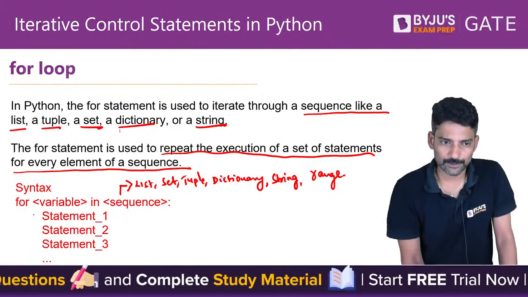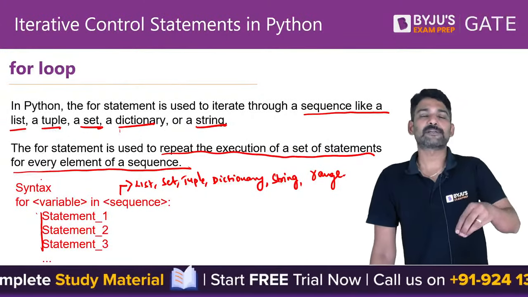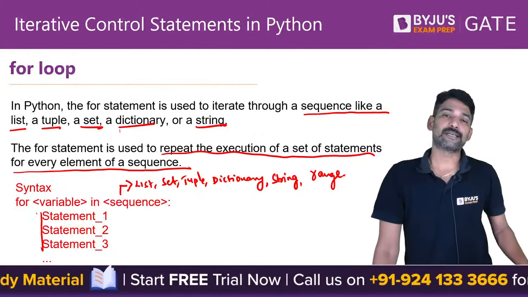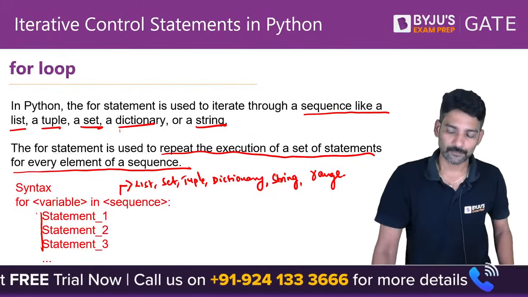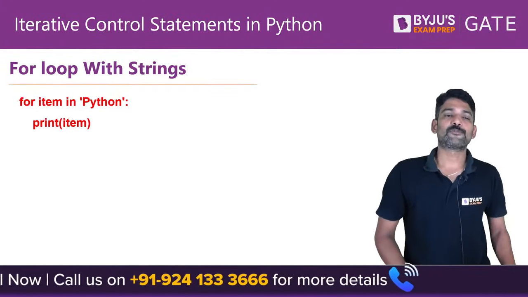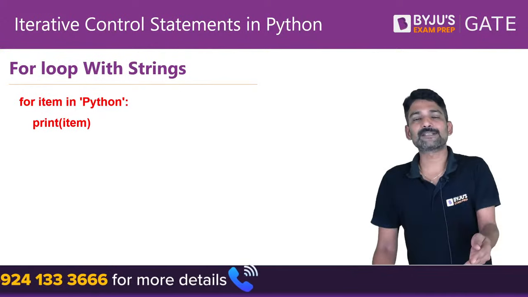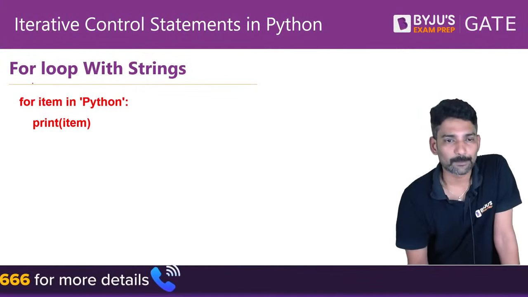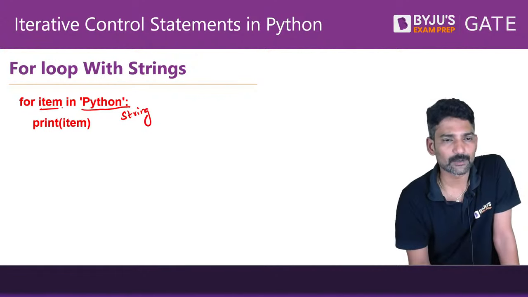Okay, and you see the indent. The statements under for should be at the next indent, inner indent to the for. So for loop with strings, first if you see, for item in Python, here Python is the string, item is the variable.